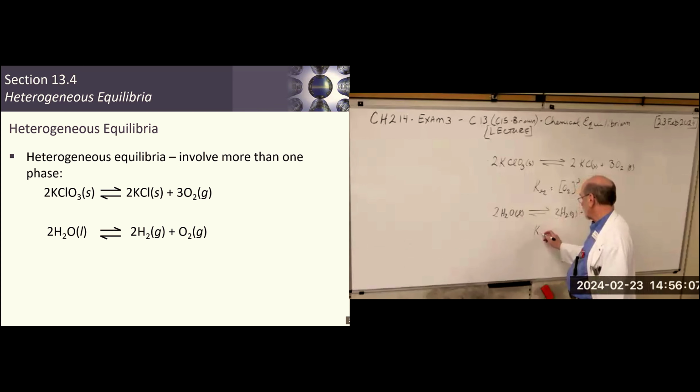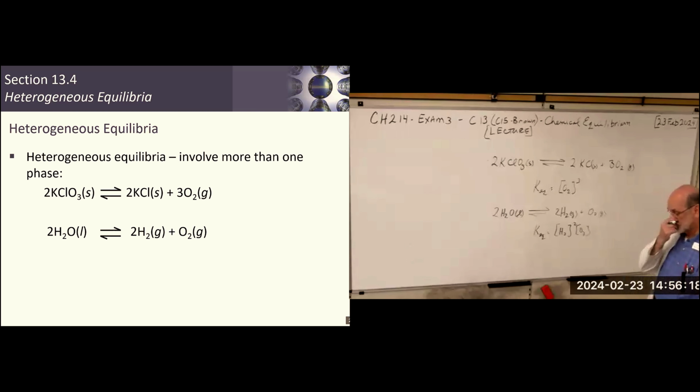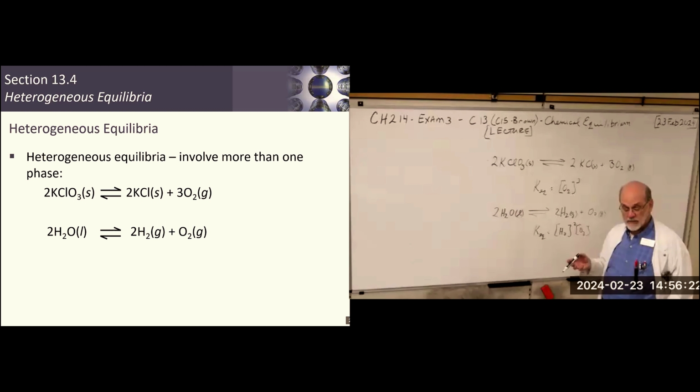So this equilibrium expression would simply be hydrogen squared times oxygen to the first power. That's it. So homogeneous equilibrium, as long as they're either gases or in some sort of solution where the concentrations can change, anything else is not included in the expression.